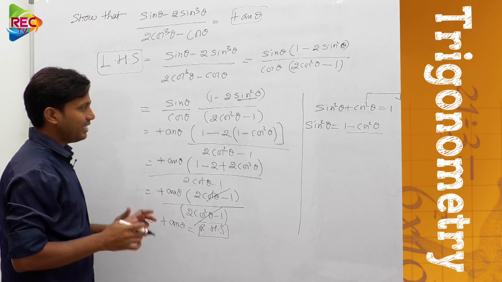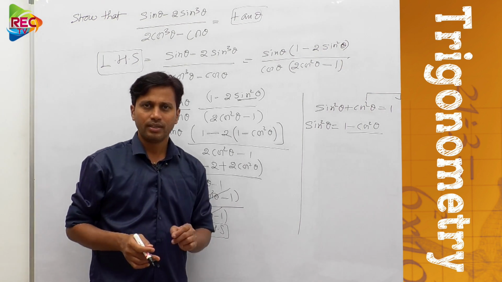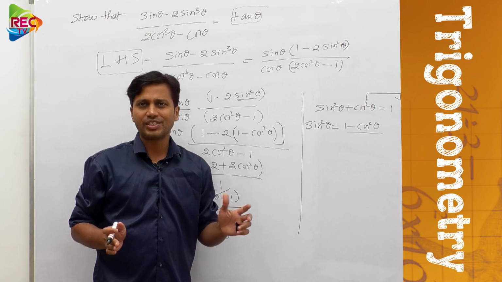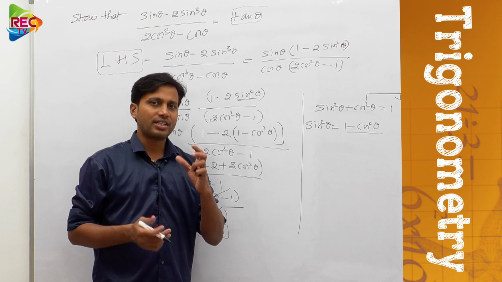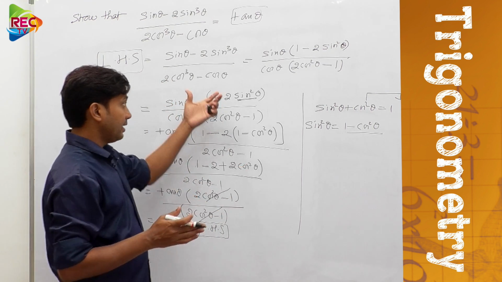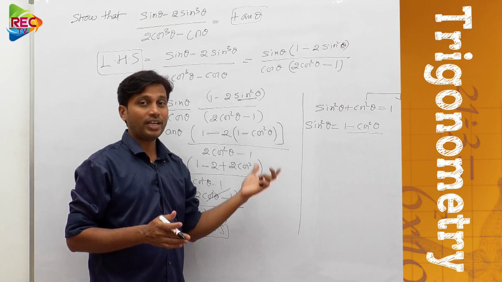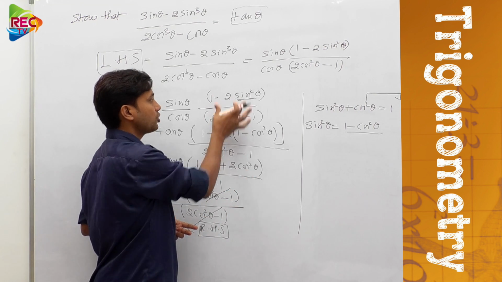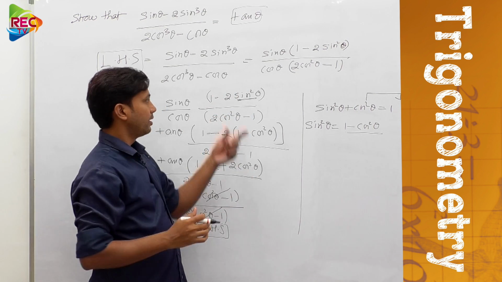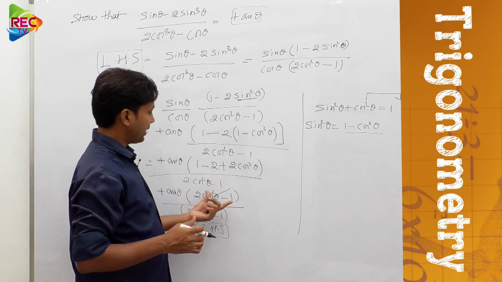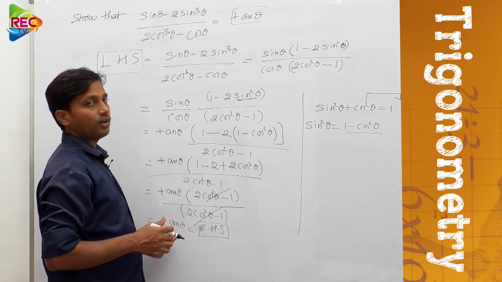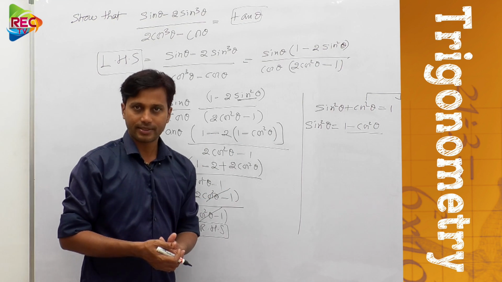You don't need to have more intelligence for solving this type of problems. We need to do some adjustment among the terms so that these terms are cancelled and tan theta only remains on the RHS part. That's it.